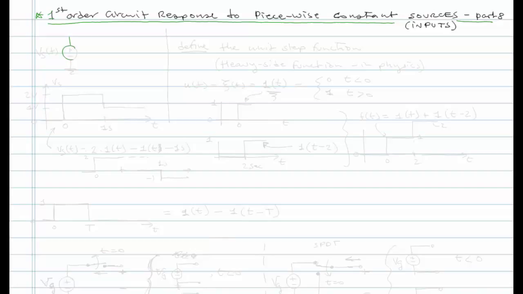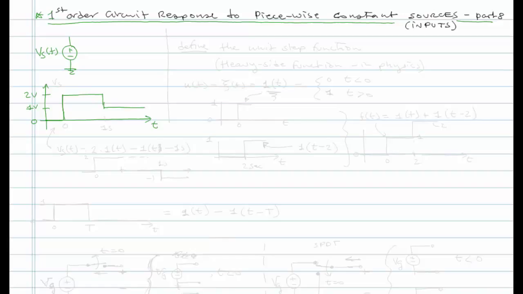So we would have maybe a voltage source like this. We'll call it Vs of t, and perhaps we would have a voltage Vs of t that would start from 0 volts, and then at some point it goes up to, let's say, 2 volts. Perhaps later it ends up stepping down to 1 volt.